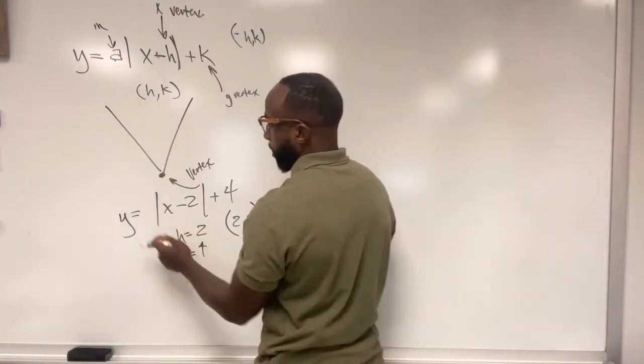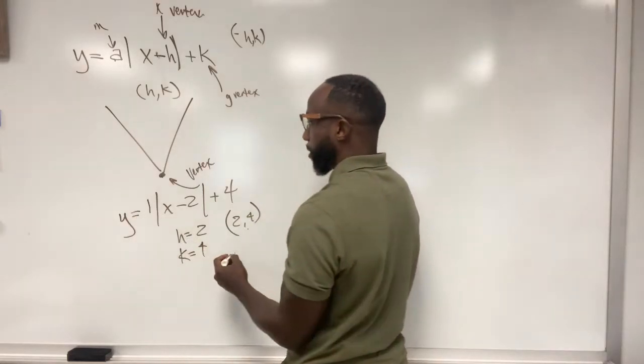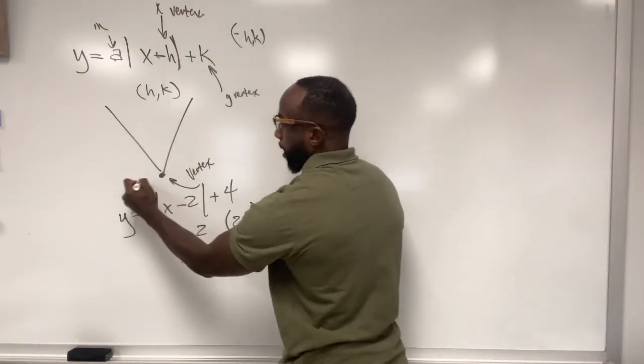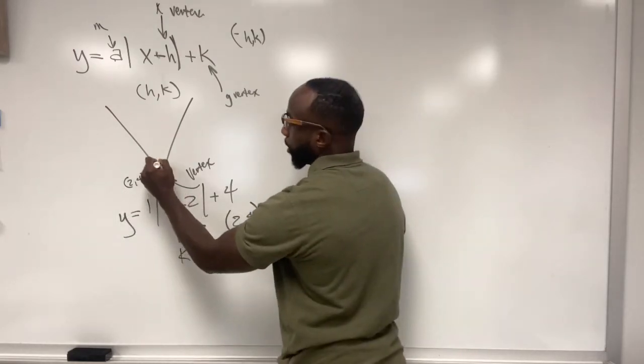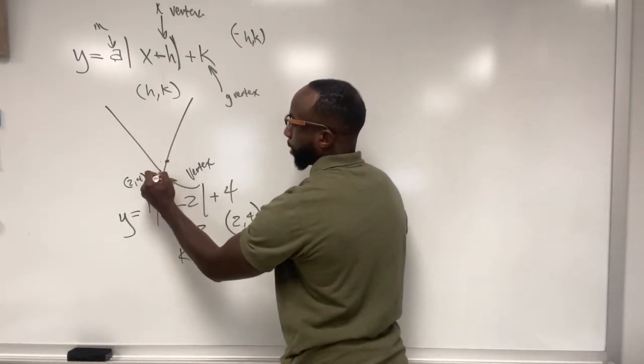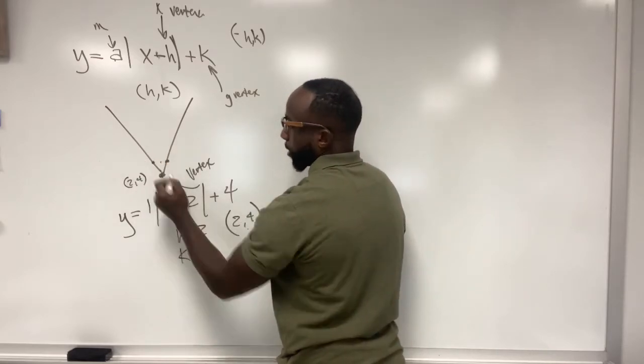In this case, there is no number here, so algebraically we know there's a 1 there. So when we start at (2, 4), you go up 1, over 1 to the left, and that's your next point. Then up 1, over 1 to the right, and that's your other point.